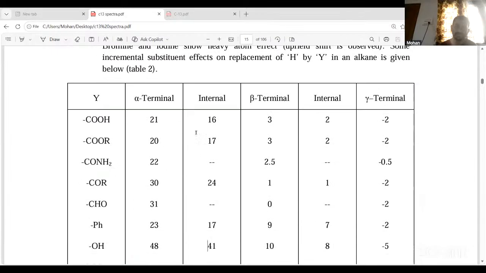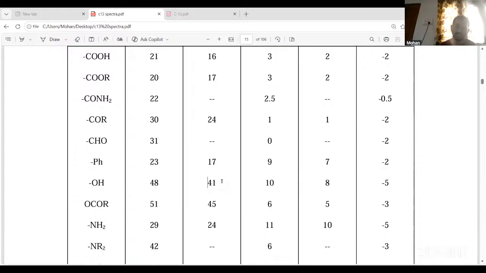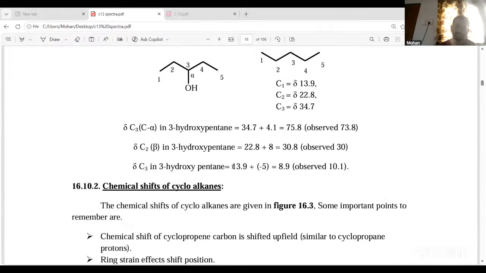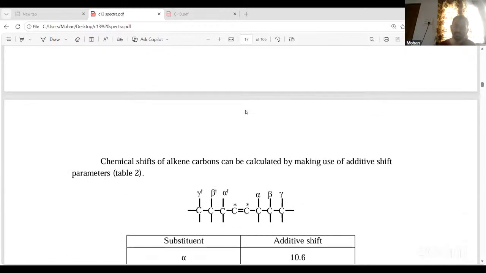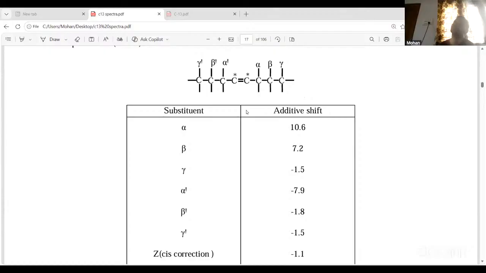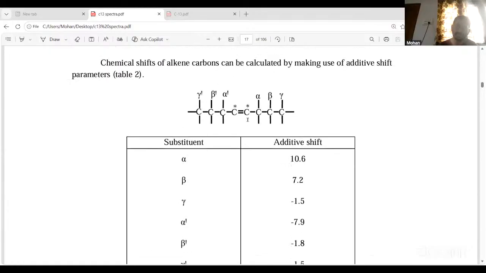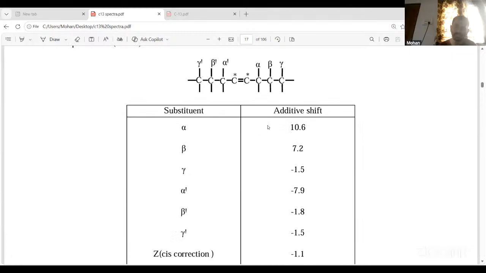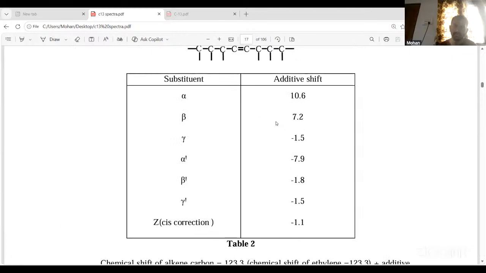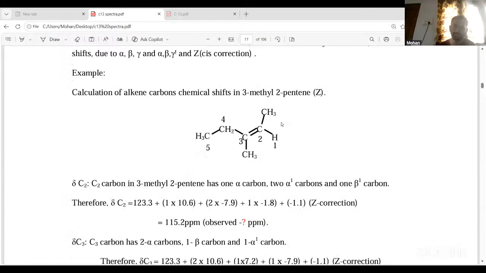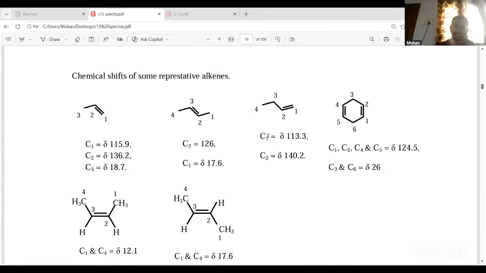Alpha internal, not terminal. So it is 41, right? So it is taken as 41 here, and the value is calculated. Okay, and these are some other different groups, right? Taken for the calculation of the delta values. Okay, all these are exercises you can see.